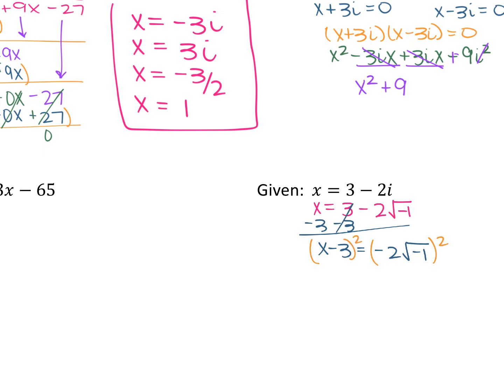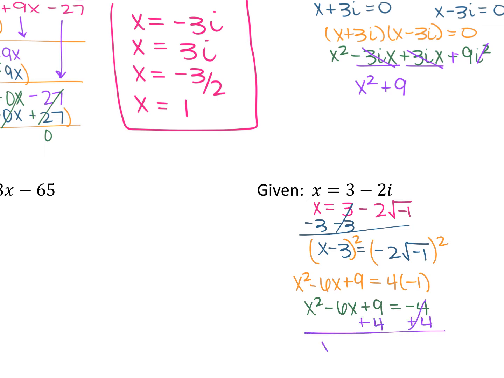That x minus 3 squared is a perfect square trinomial, so it FOILs out to be x squared minus 6x plus 9 is equal to, the negative 2 squared is 4, the square root of negative 1 squared is just negative 1. That 4 times negative 1 gives you x squared minus 6x plus 9 is equal to negative 4. You can't leave that negative 4 there. It's got to be equal to 0, so move the 4 over by adding it to both sides. This gives you x squared minus 6x plus 13 is equal to 0.